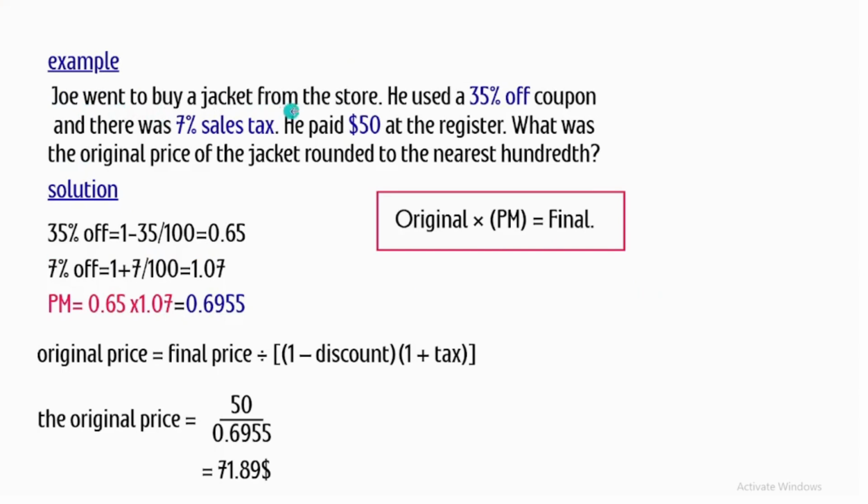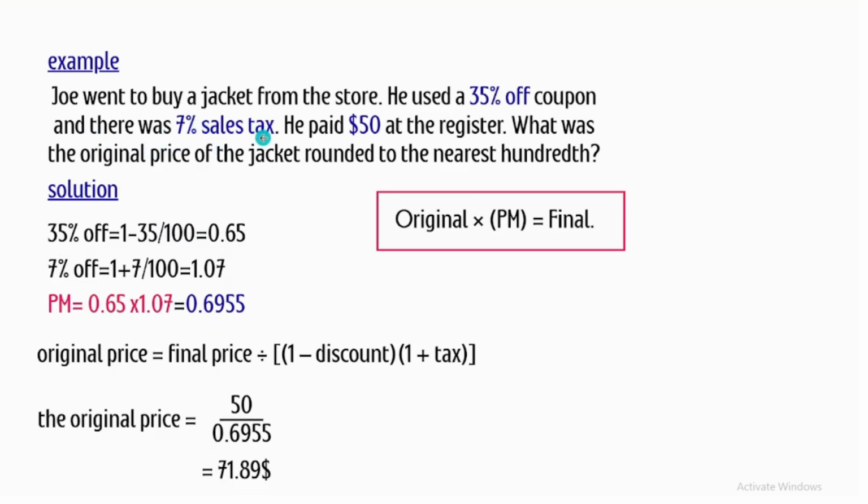Joe went to buy a jacket from a store. He used a 35 off. This is a double F off. What is the double F off? A take off, that means subtraction. So 1 minus 35 over 100 equals 0.65. And there was 7% tax.